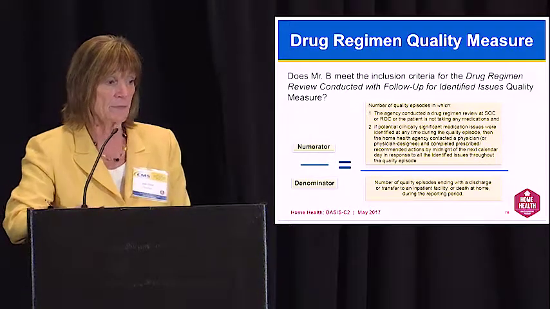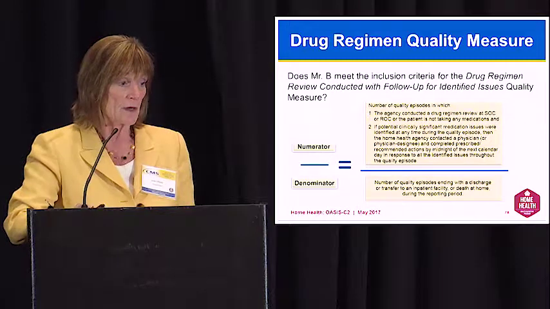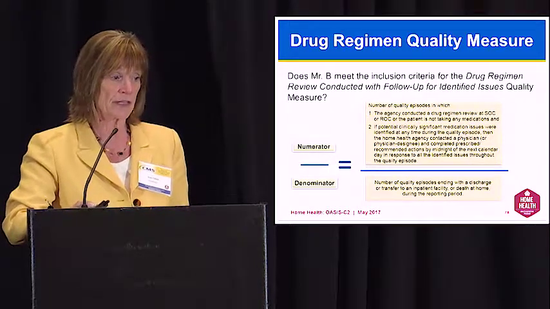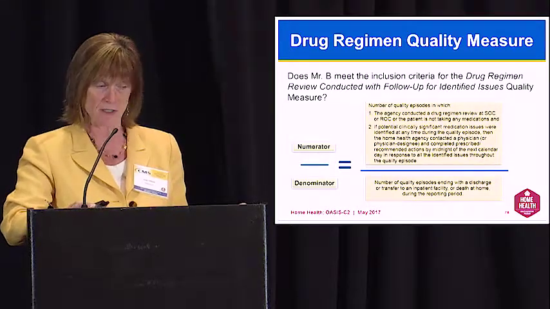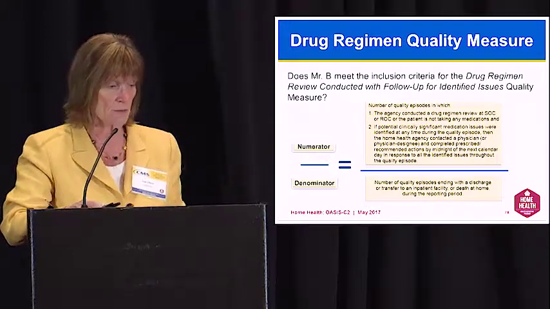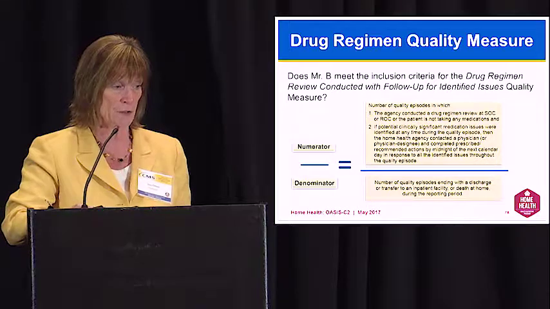So he did meet the inclusion criteria for the drug regimen review, and that is defined when you look at the numerator. The agency obviously conducted the drug regimen review at the start of care, and he was taking medications, so he qualified based on the drug regimen review.